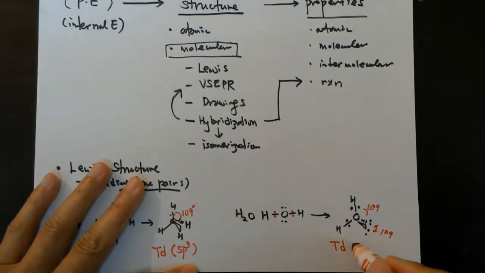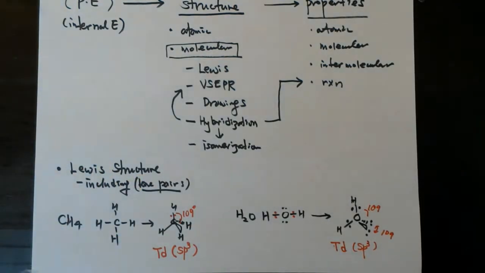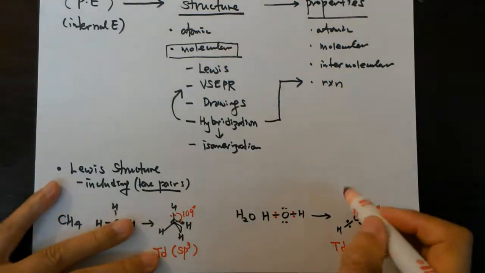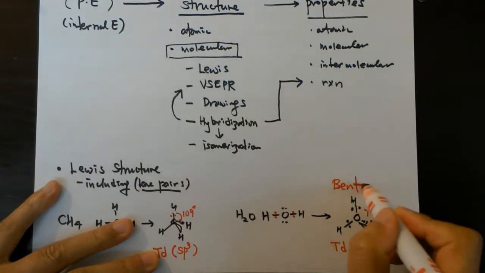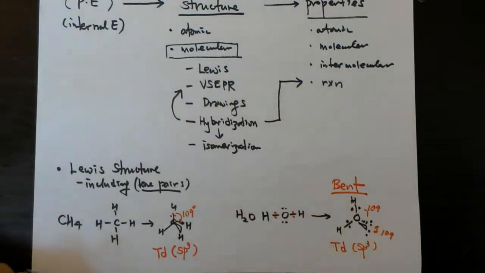Therefore, the hybridization for the oxygen is also sp3. I think I mentioned in a previous video that we don't say the water molecule has a tetrahedral shape. It's actually a bent shape. Bent for the water molecule, tetrahedral arrangement for the 4 pairs of electrons. So that makes water still an sp3 hybridized atom.